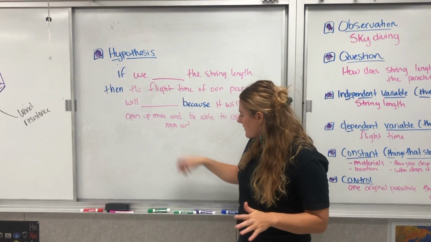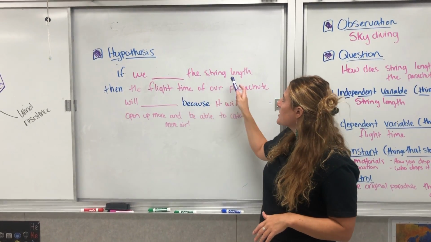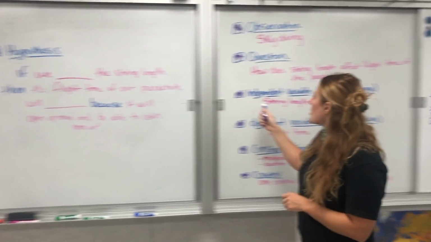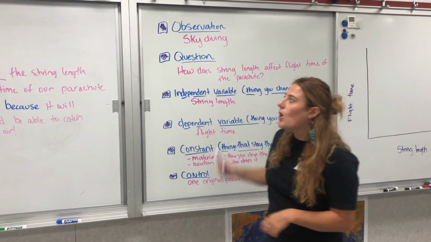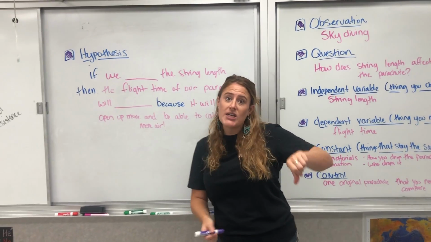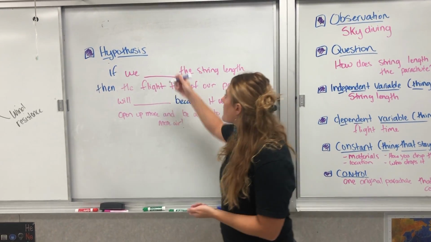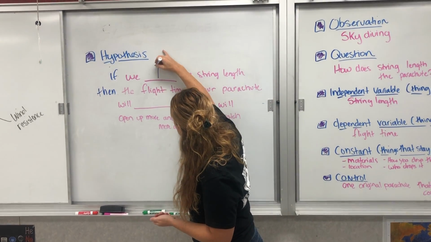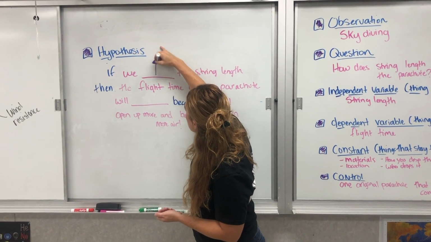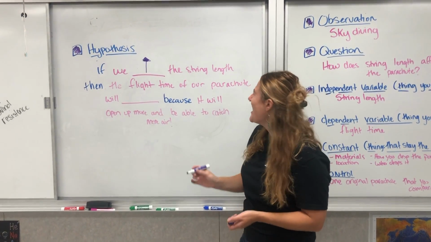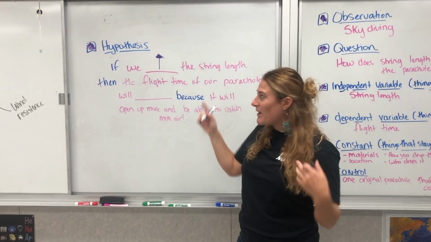So in our hypothesis, if we blank the string length, so our string length is our independent variable. So if we increase, decrease, I'm going to say, I think that if we increase the string length on our parachute, right?